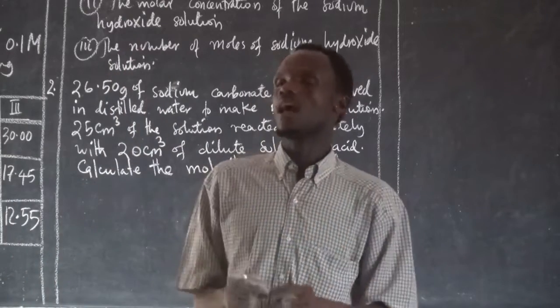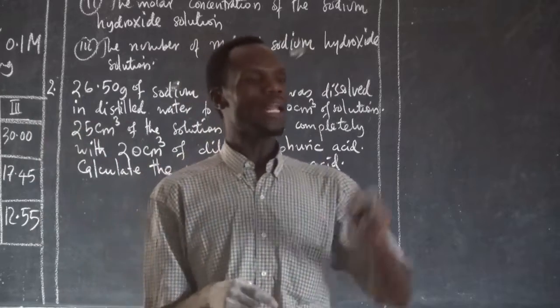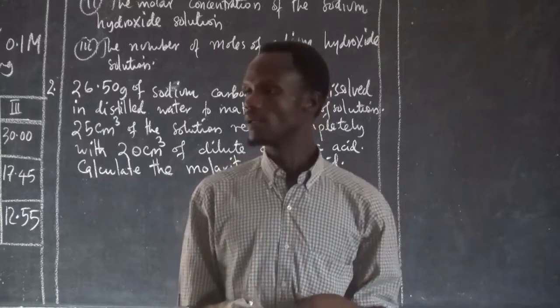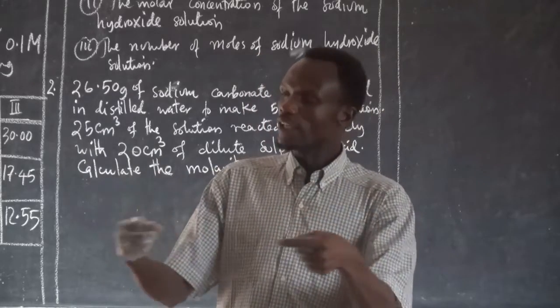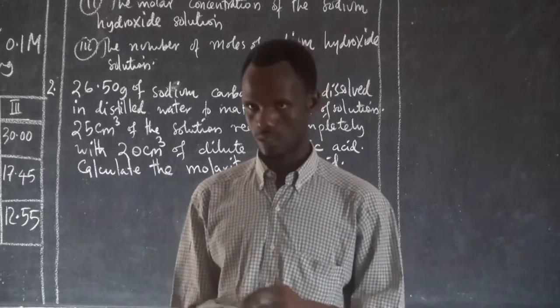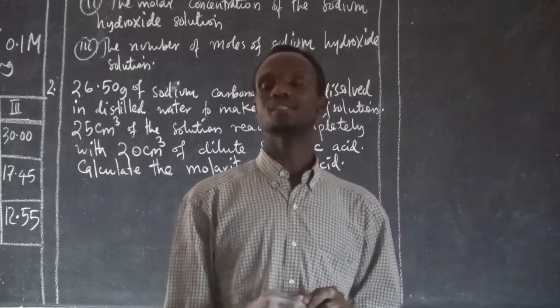The reactants are base and acid, but the products are salt and water. But if a carbonate is involved in the reaction, carbon dioxide gas is also given out as a product. So that is the concept you have to understand.